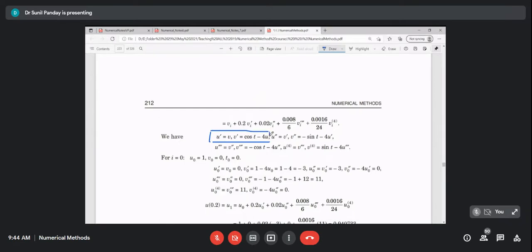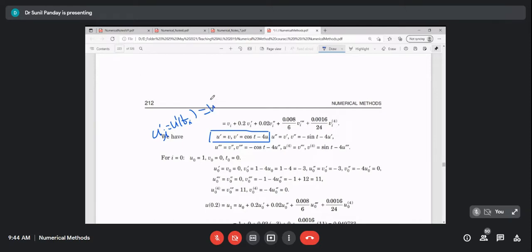So first we identify what our u dash is. As per the given second order differential equation, we have created a system of first order differential equations. So here our u dash is v and v dash is cos t minus 4u. Now if I want to know the value of u dash at i, it means I want to know u dash at x naught, which here is t, so at t i, which initially is 0.